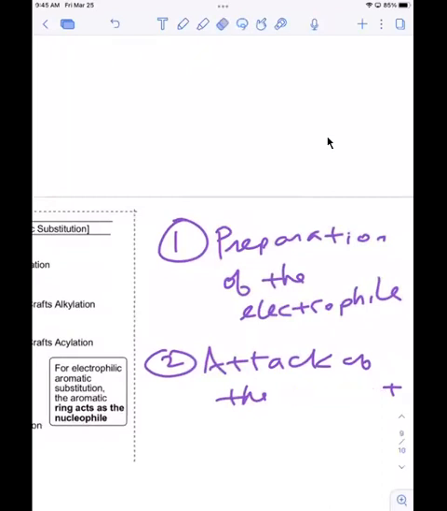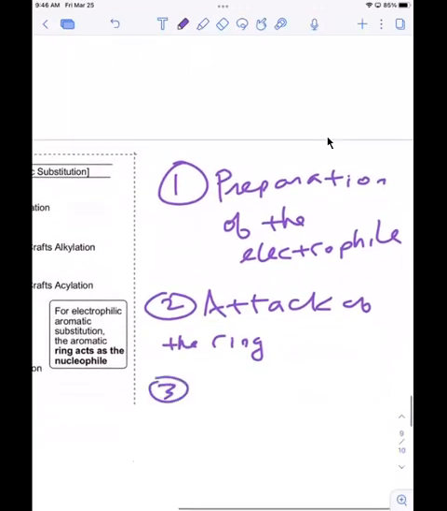Attack of the aromatic ring on the electrophile. And then the third step is going to be to reestablish aromaticity. And every one of these reactions is going to follow the same mechanism.